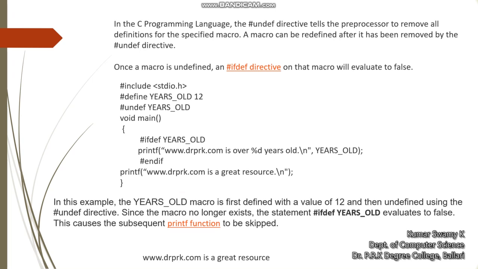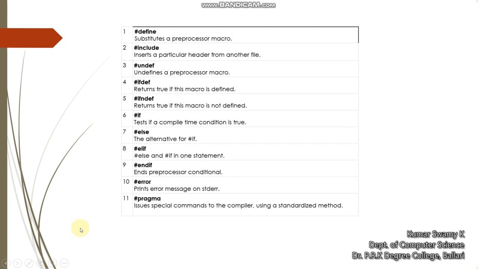In this given example, the YEARS_OLD macro is first defined with a value of 12 and then undefined using the #undef directive. Since the macro no longer exists, the #ifdef YEARS_OLD statement evaluates to false.